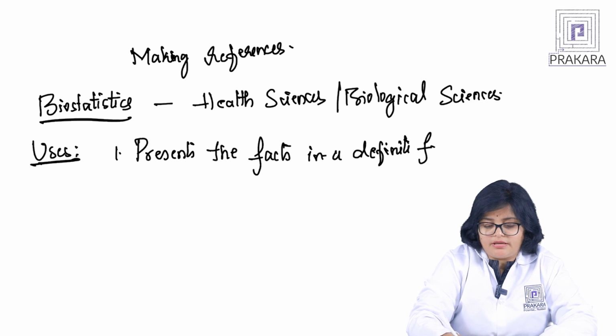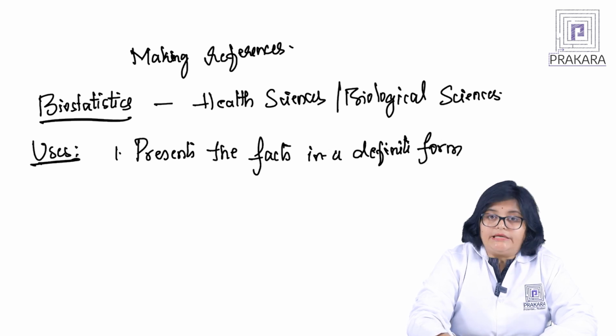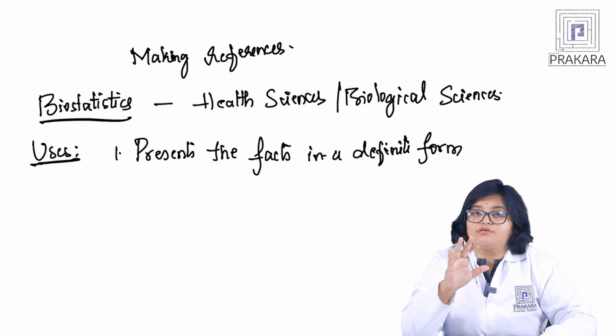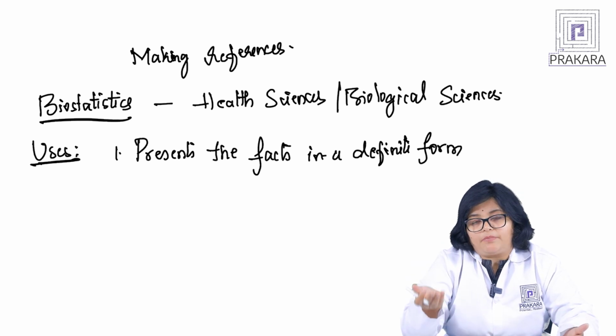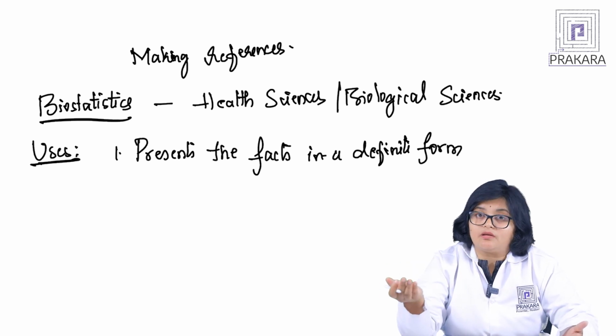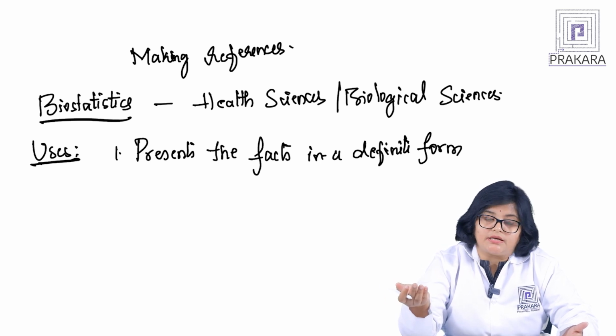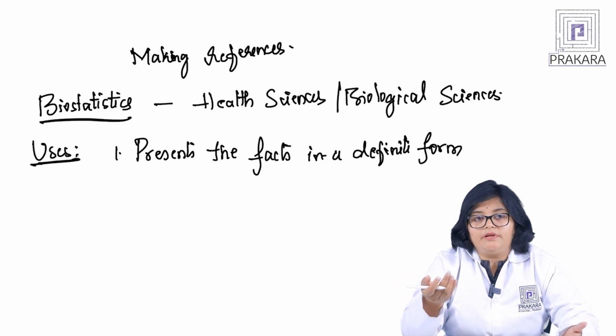Definite form here means, if it is right, it is right. If it is wrong, it is wrong. That is called definite. We cannot say that by applying statistics, it may be correct or it may be wrong. Say, for example, you are testing a patient for diabetes.